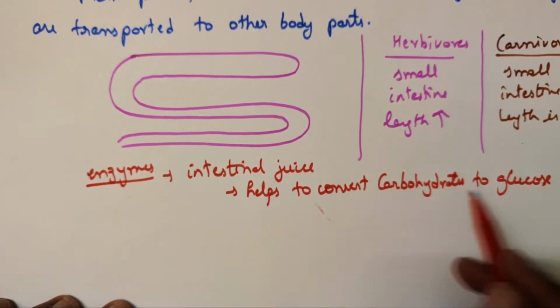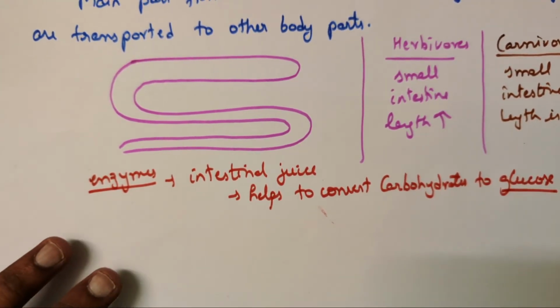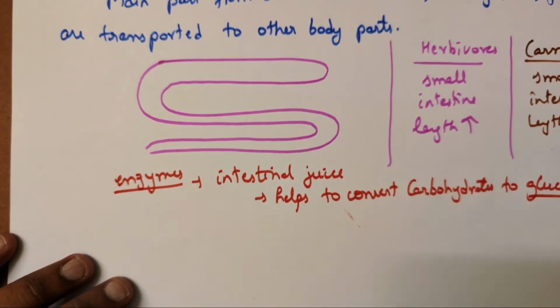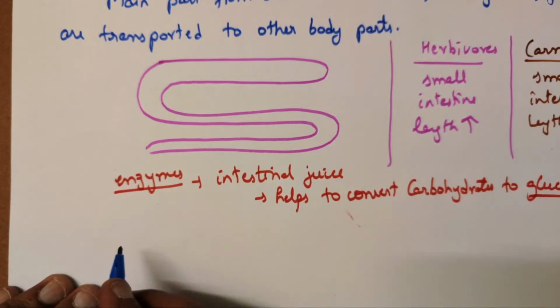So now carbohydrates have been converted to glucose. What about the rest? For this we have the juices coming from the liver and pancreas.